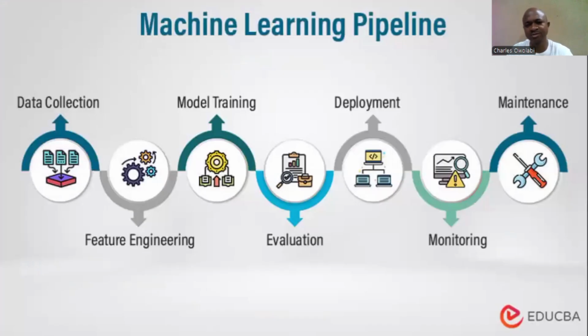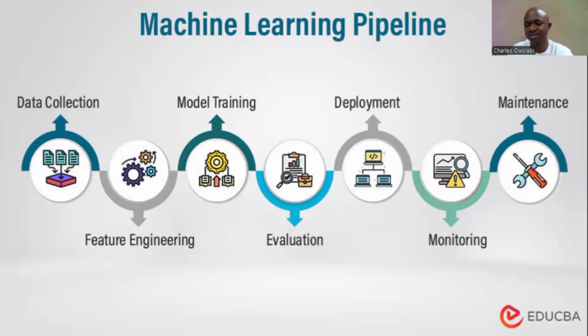Now, as a roundup, can we quickly look at the machine learning pipeline? The machine learning pipeline starts with data collection. You collect data about the problem you are solving. Then feature engineering is about selecting the features or the data that are actually relevant for your analysis.